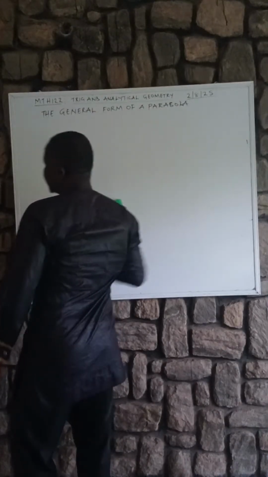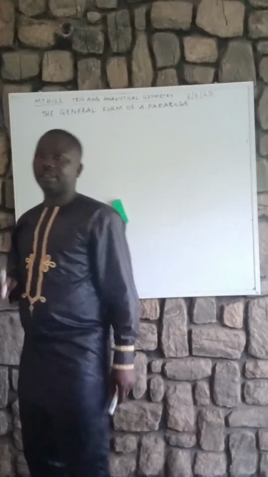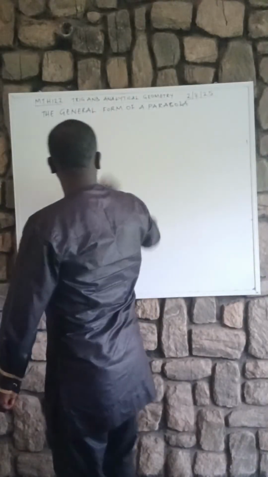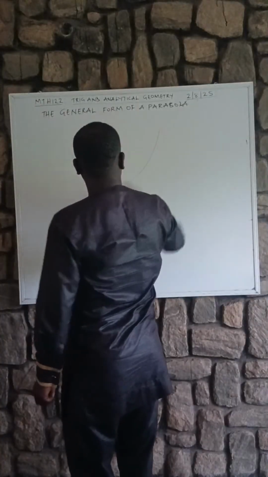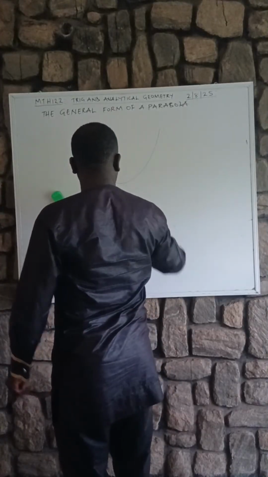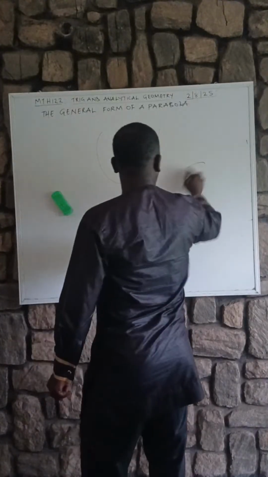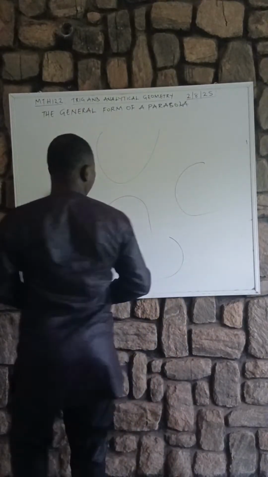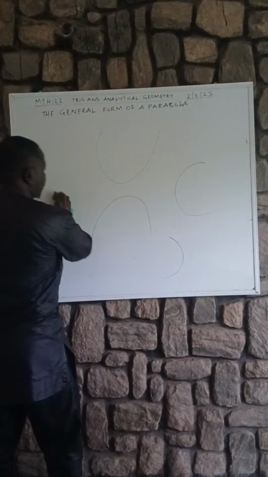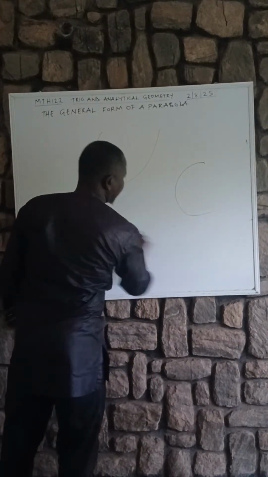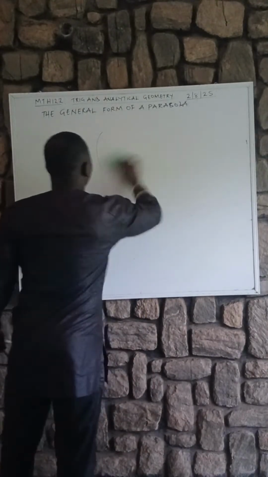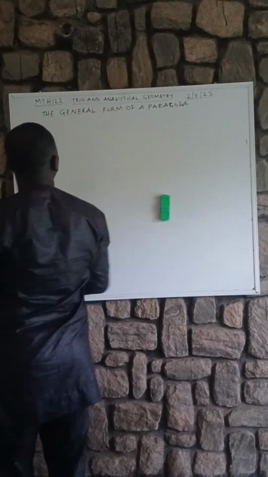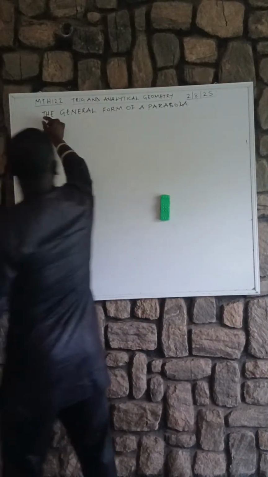So you people know what a parabola is all about. Either it is like this, or it is like this, or it is like this. This is a parabola. Please take note that here in the graph. Okay. So the general form of a parabola.